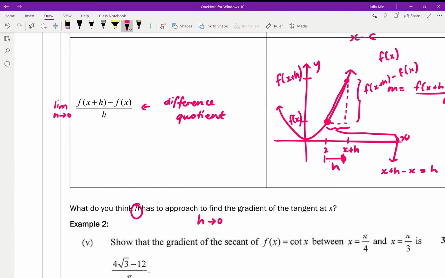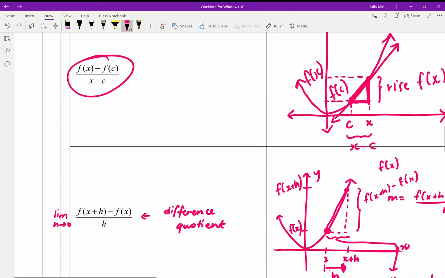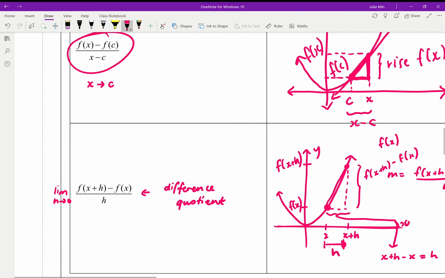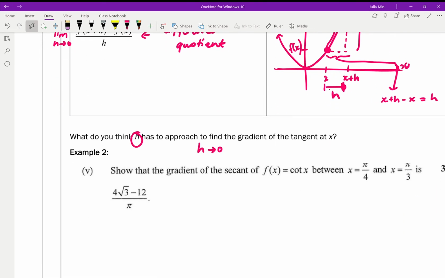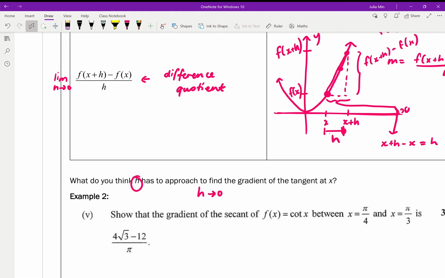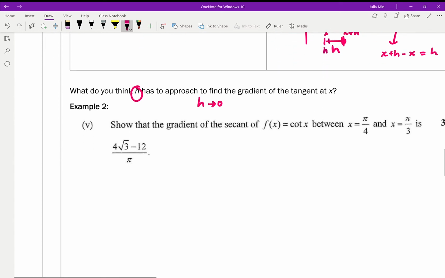But we'll look at that more next lesson. And for this one, x would have to approach c to find the exact gradient. Okay, to close that gap as another point keeps getting closer and closer to x. So if I kept getting closer and closer, h would become even tinier, right? So as h approaches 0, we'll find the exact gradient.